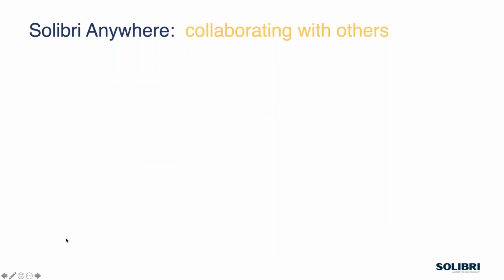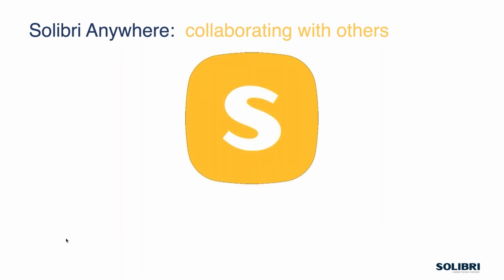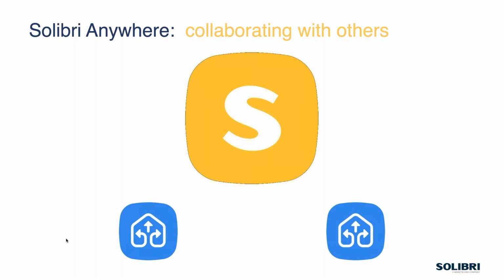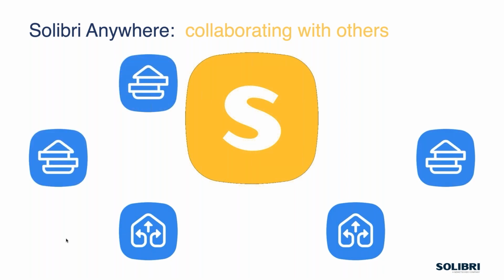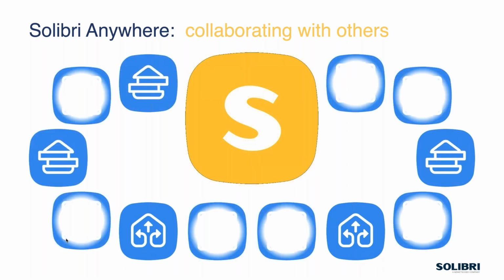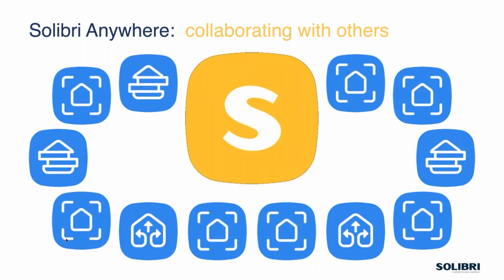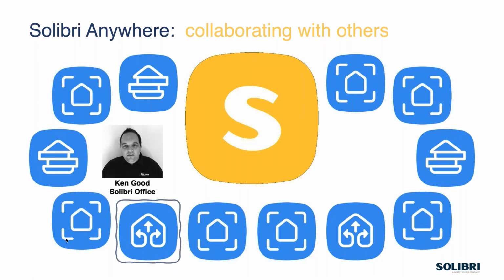So in terms of collaborating with others, what we're going to be looking at today is a Solibri project, and this project is a mix of different types of Solibri that's been used so far. So we've got some Office, we've got some site licenses, and then we've got a whole bunch of Anywhere licenses where different people have been working on the project. So in the first stage, I, as myself, produced a model in Solibri Office.